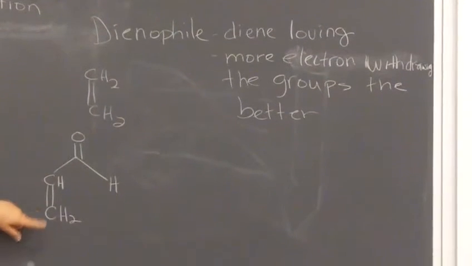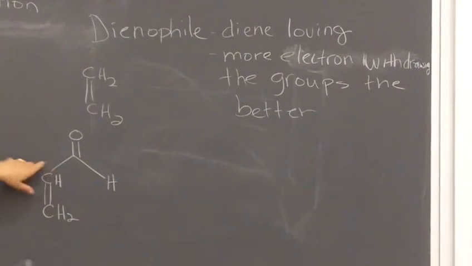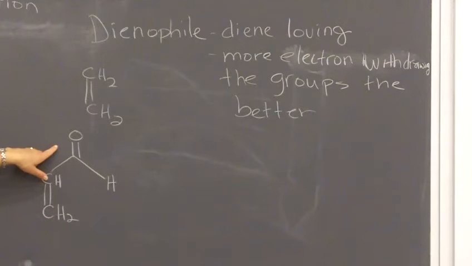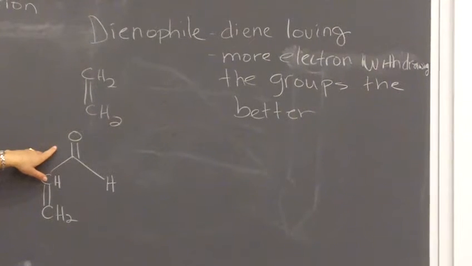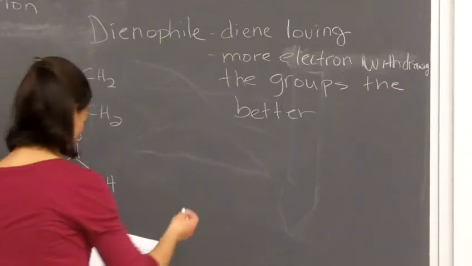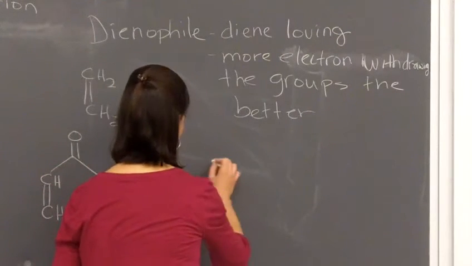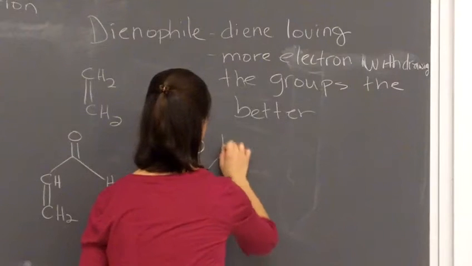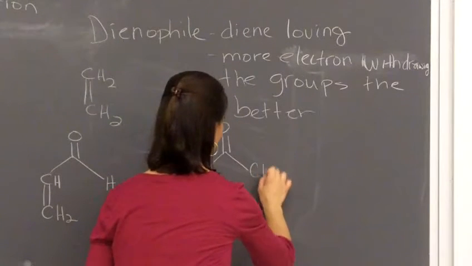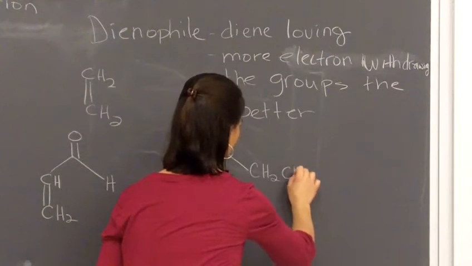So we've got still basically our ethylene piece, but now we put the aldehyde on it, making it more electron withdrawing. Now it'll be more likely to react with the diene because it needs some electron density. Same with something like this guy here, putting an ester on there.